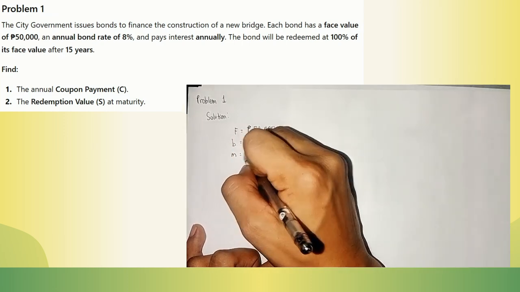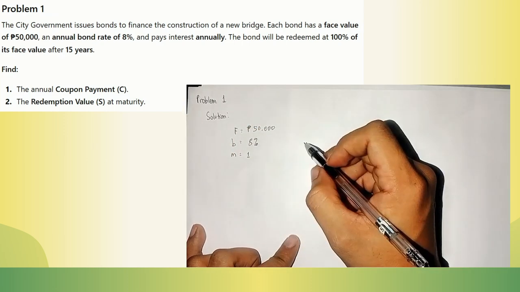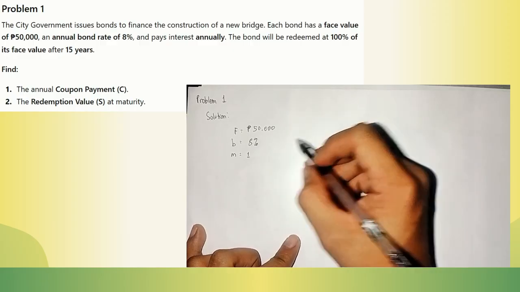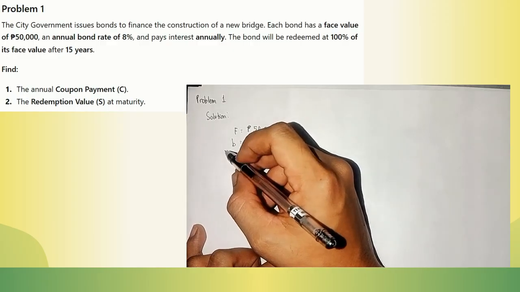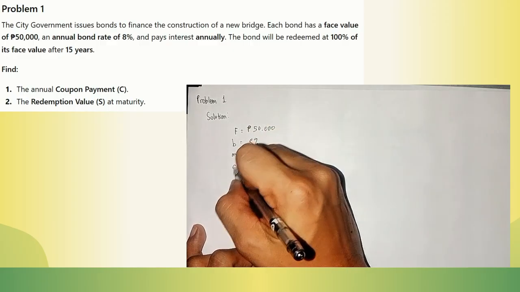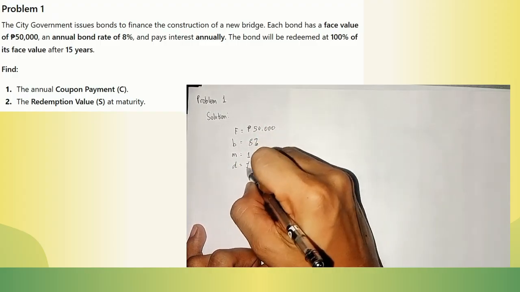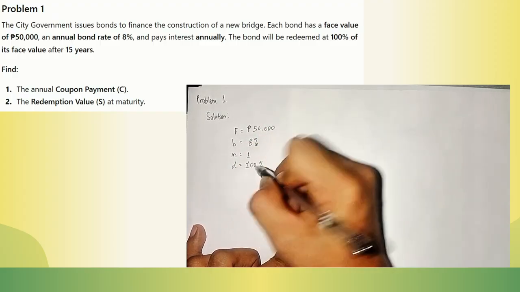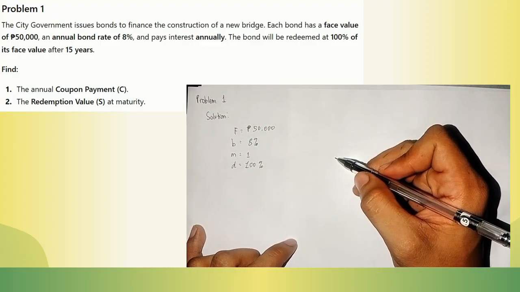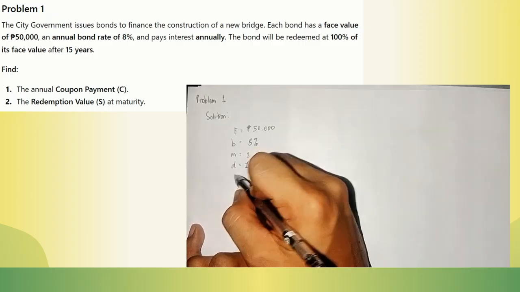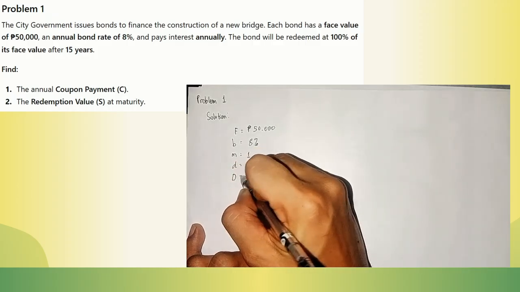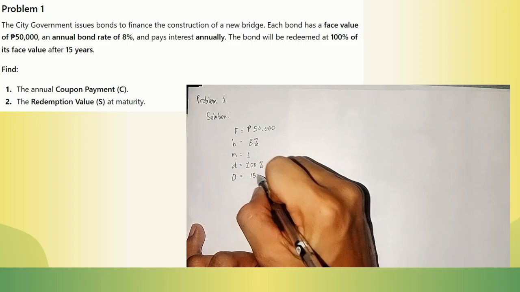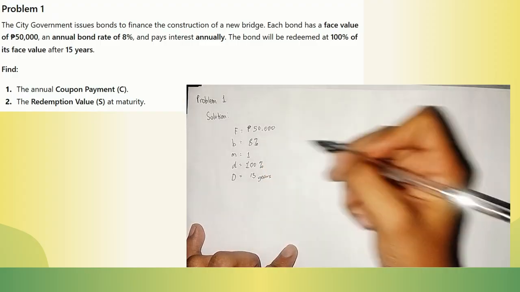So we have M is equals to 1. The bond will be redeemed at 100% of its face value. So we have small d, 100%. Now, after 15 years, so we have a redemption date of 15 years.